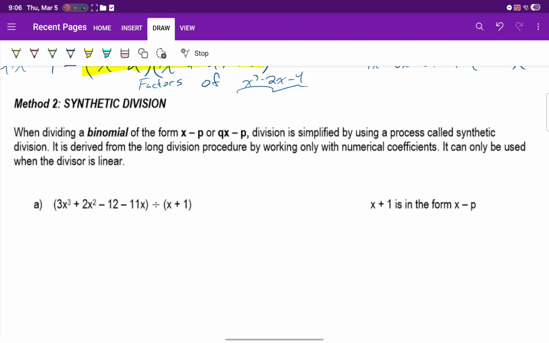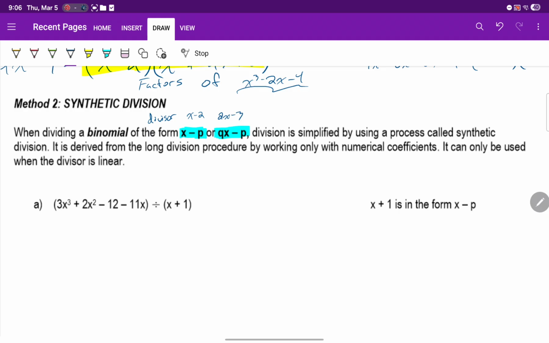So this says here, when dividing a binomial of the form x minus p or qx minus p, all this means is that maybe your divisor is x minus 2 or 2x minus 3. Those would be examples.